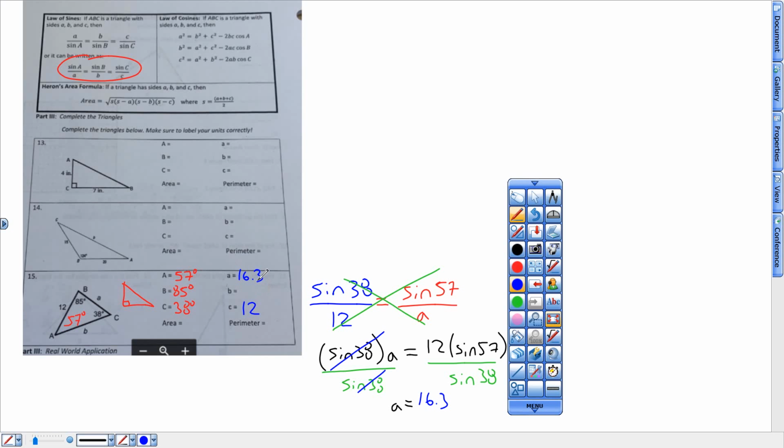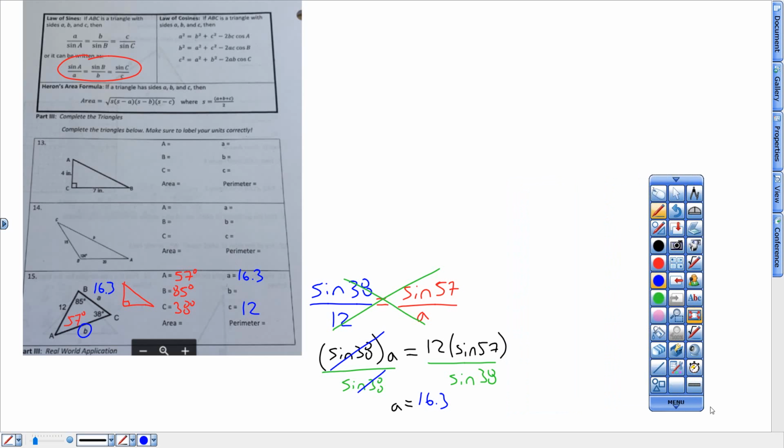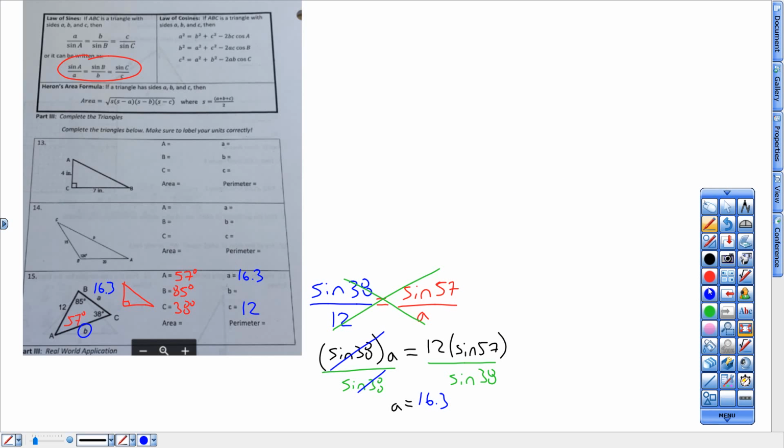And now to find that last piece, which is this little piece B right here, I could either do sine of A, because now I know what piece A is. So I could do sine of A over 16.3 equals sine of B over B, or I could do sine of 38 over 12 equals sine of 85 over B. Does not matter. So to solve this one, I'm going to come in from angle C, setting it up like this.